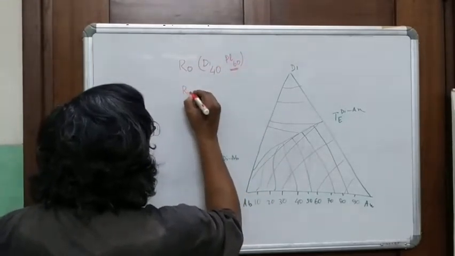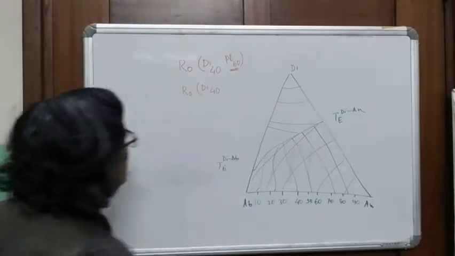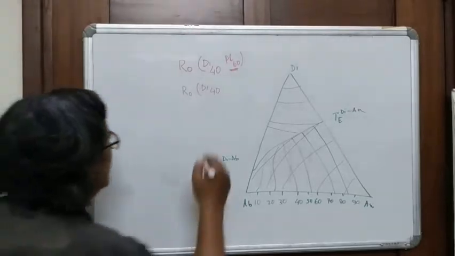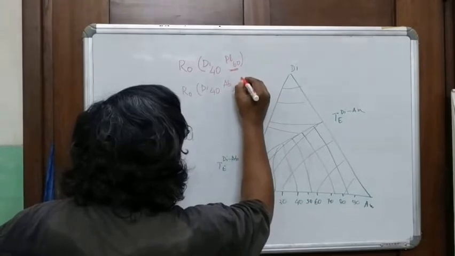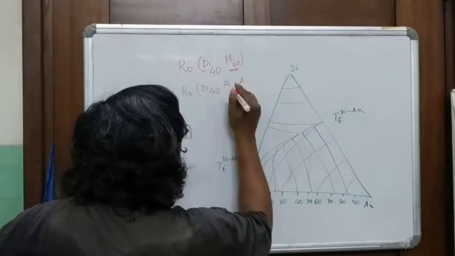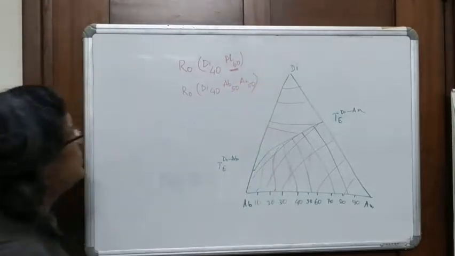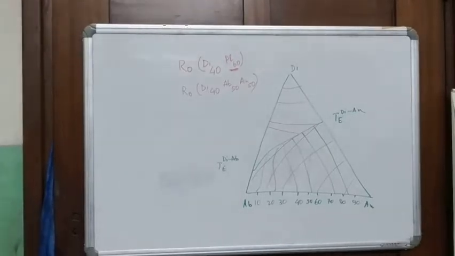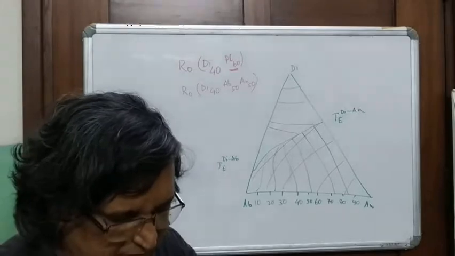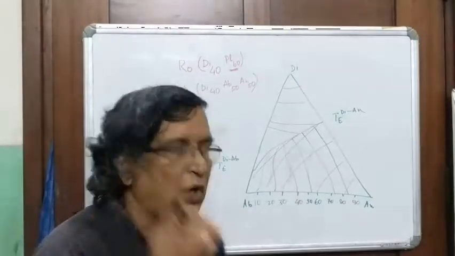So we write R0 is equal to diopside 40, and the plagioclase 60 can be albite 50, anorthite 50. This is the composition. These pens don't write well at all. Terrible. Okay, so this is my R0, the initial rock.